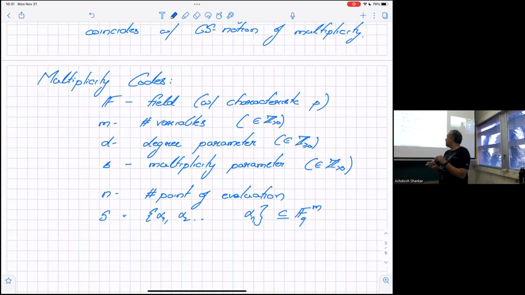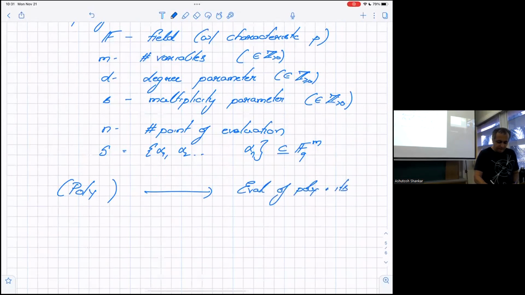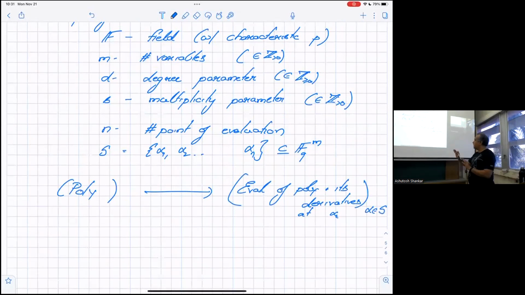For each of these points, the multiplicity code is going to map the message polynomial into the evaluation of the polynomial and its derivatives at alpha I. That's going to be the encoding map.